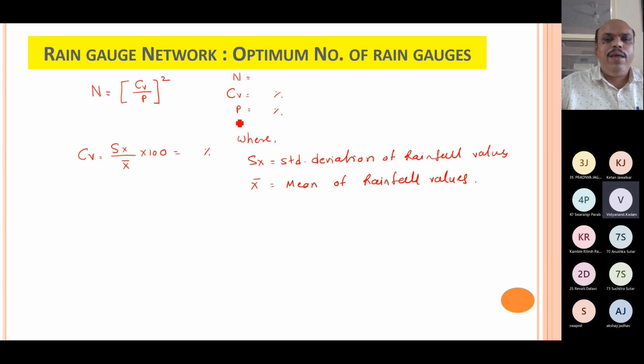Then P is assumed. Allowable degree of error is taken as either 5%, 6% or 10%. Now next we will see how this standard deviation is worked out. To calculate standard deviation, the formula is Sx square is equal to summation of xi minus x bar bracket square divided by n minus 1.